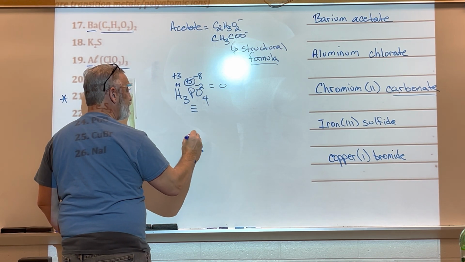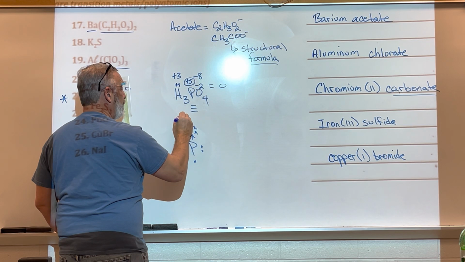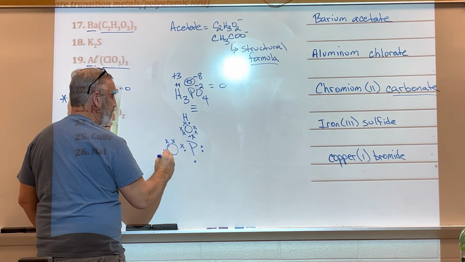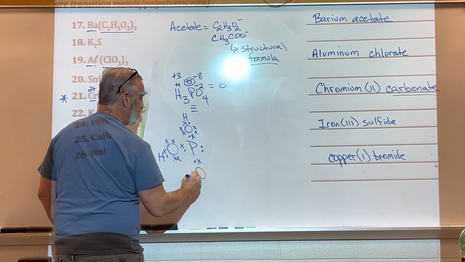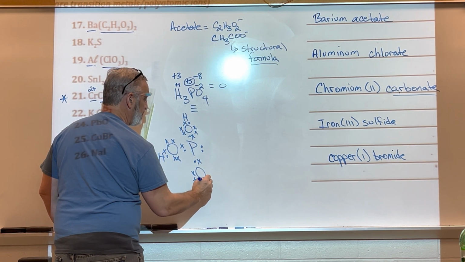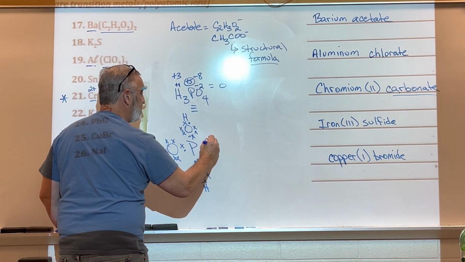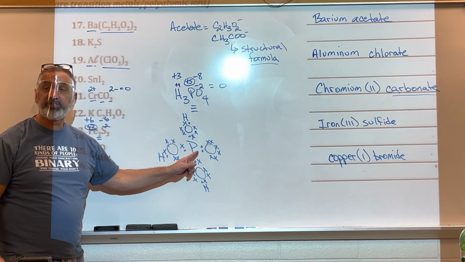So I can put an oxygen here with one of the hydrogens, an oxygen here with another hydrogen, an oxygen here with another hydrogen. And then I can put the oxygen here with that coordinate covalent bond where both electrons come from the shared pair.